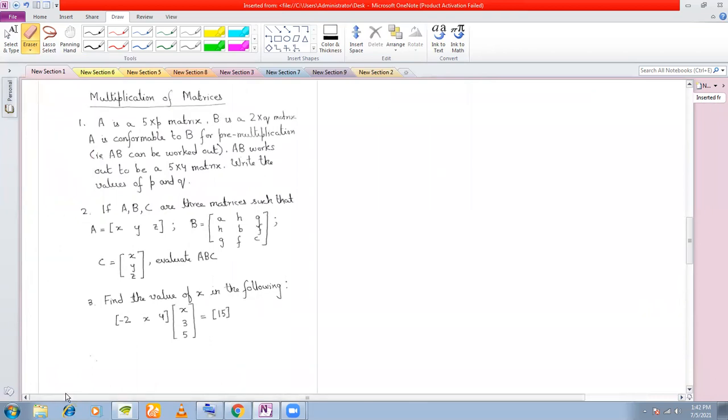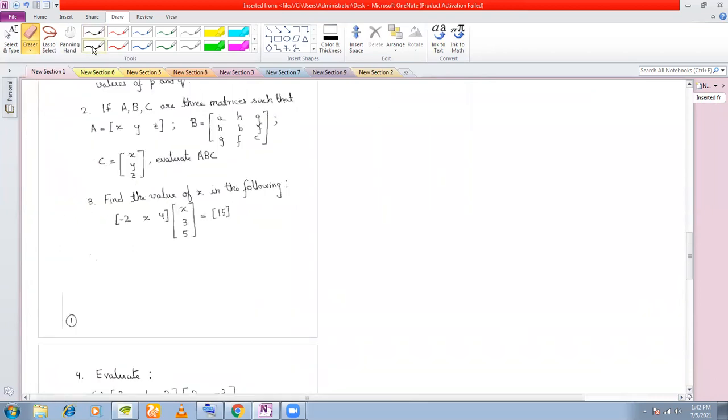That finishes this question. Next question here is number 3. Find the values of x in the following. So this is actually a matrix equation. -2 x 4 and you have x 3 5 is equal to, and you have a 1 by 1 matrix 15, right?